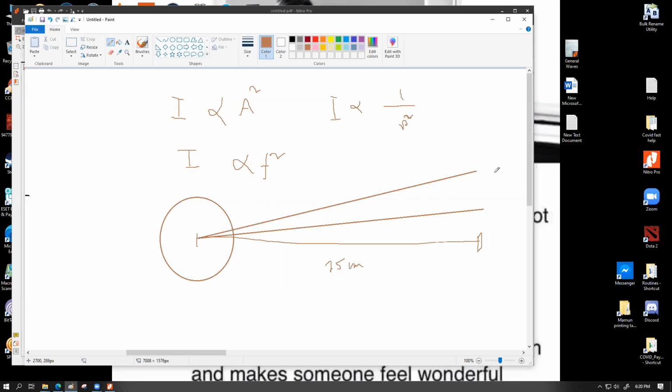But one thing you should always understand is that without the presence of physical material, or without using matter, we cannot make objects emit waves.